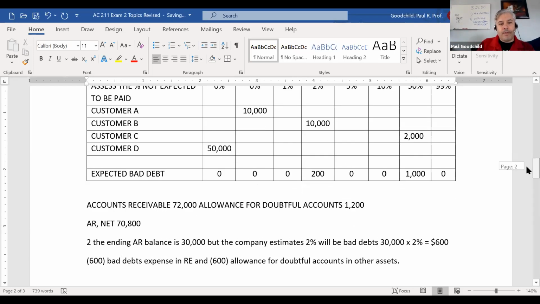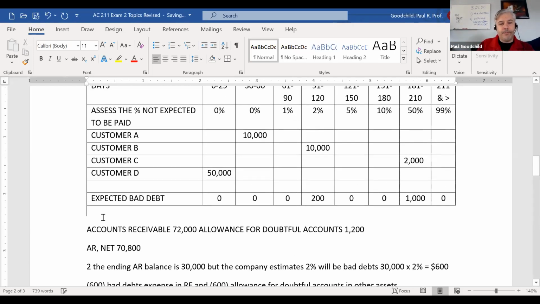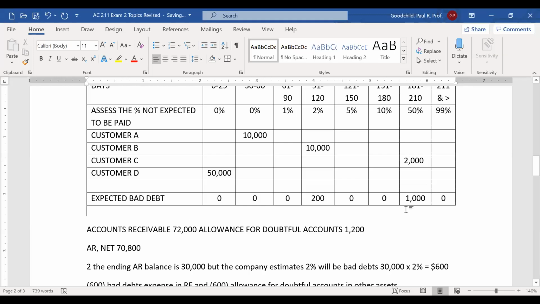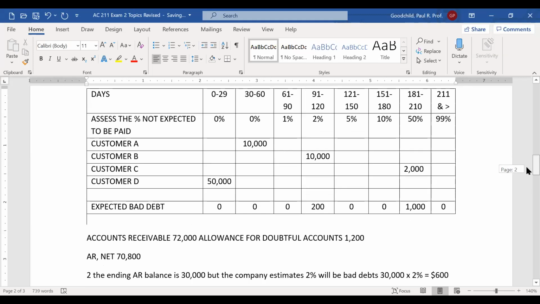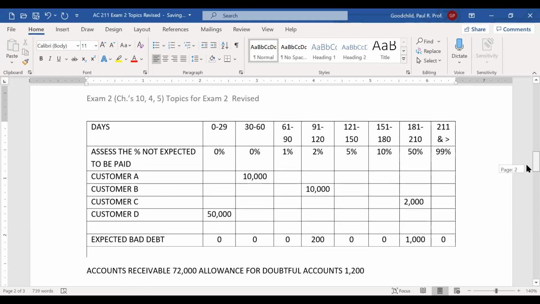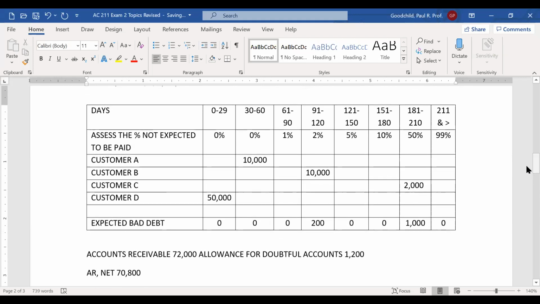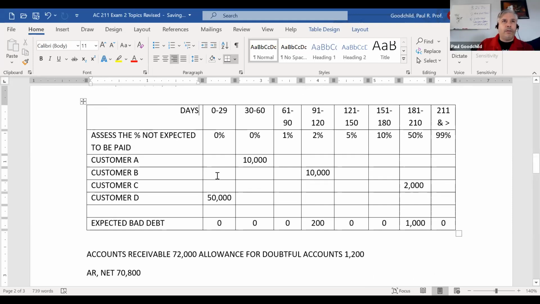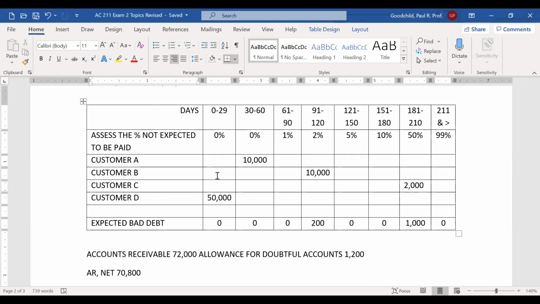Okay. Any questions there? So just to clarify, the numbers, like the customers of what they owe, is that basically when they last made that purchase, or like how long ago they made the purchase and haven't paid it? Correct.